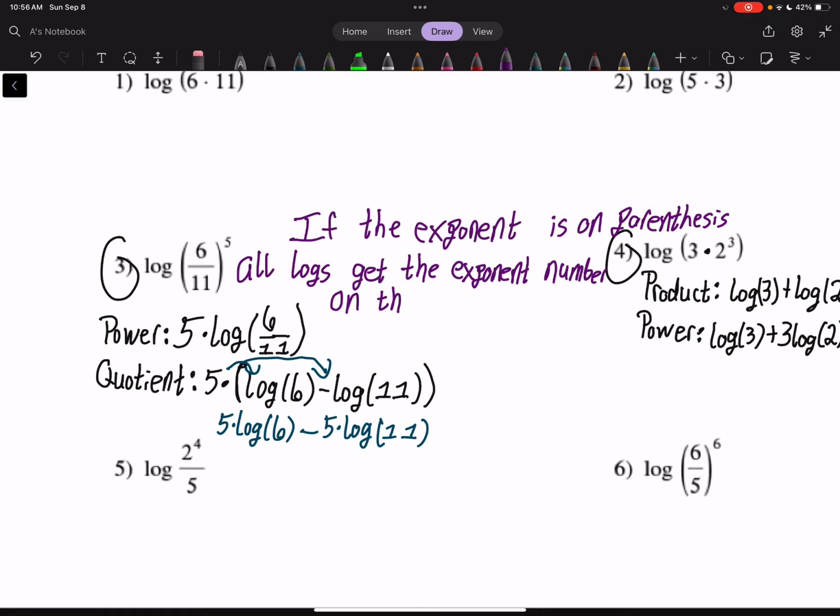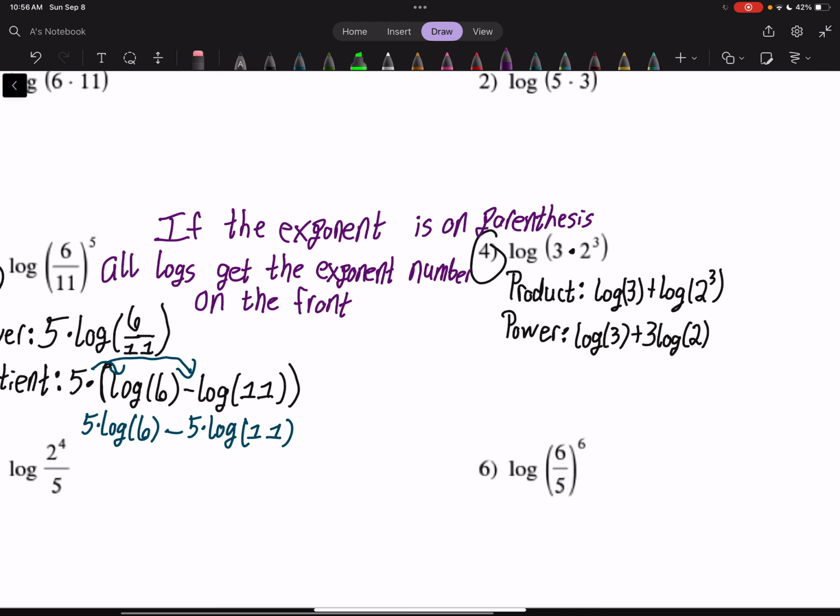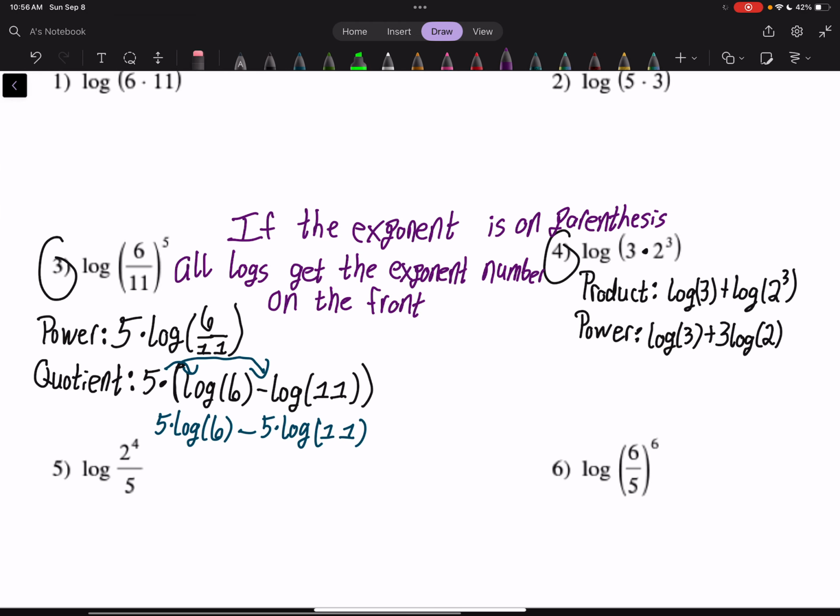And if it's not in the parentheses, it just goes to this one singular number. All right.